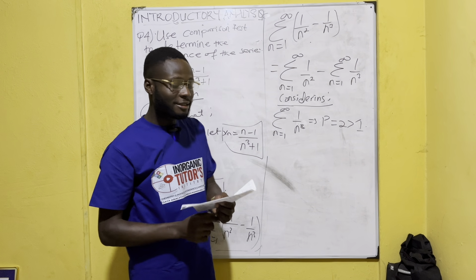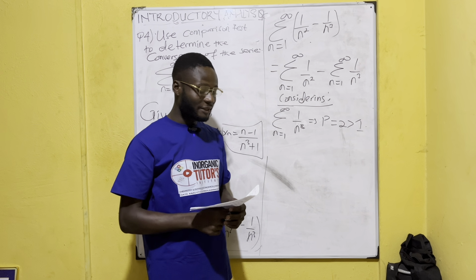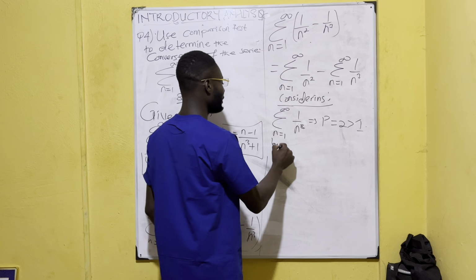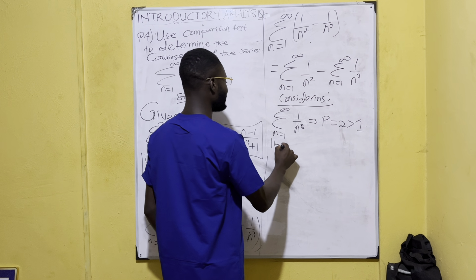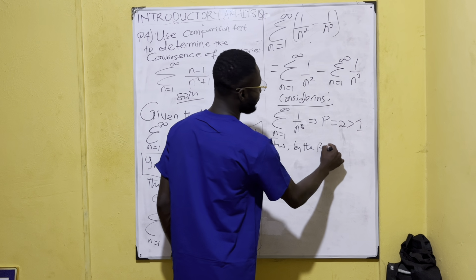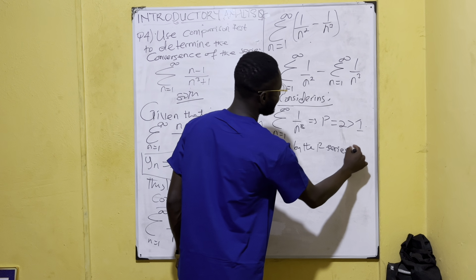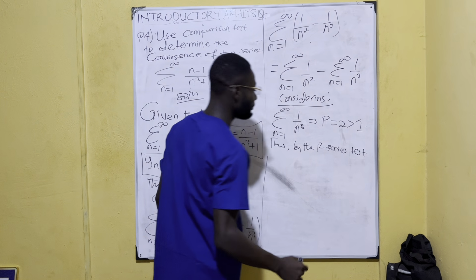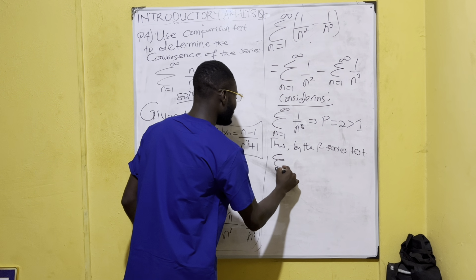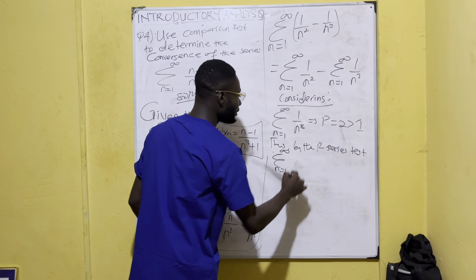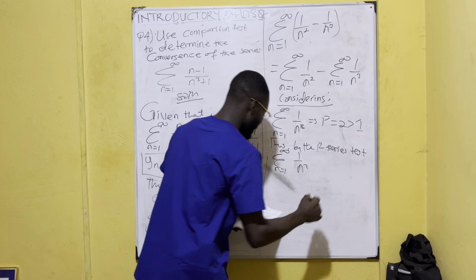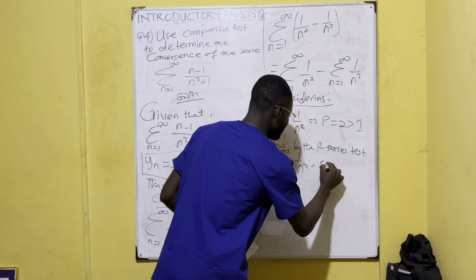So we can boldly say that by the p series test, summation from n equals 1 to infinity of 1 over n squared converges.